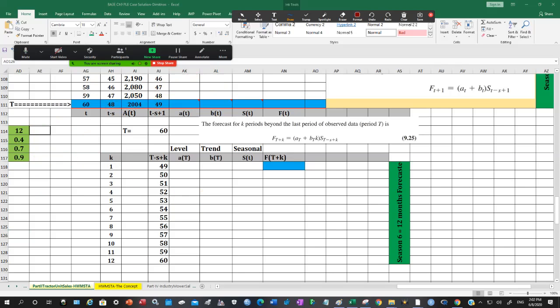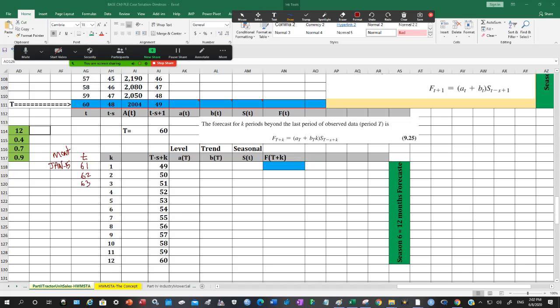If this is T, that would have been 61. If this is the month, that would have been January of 2015. This would have been 62, 63.